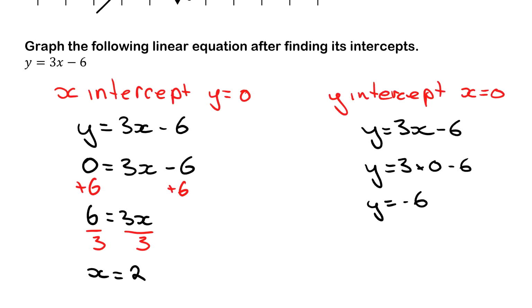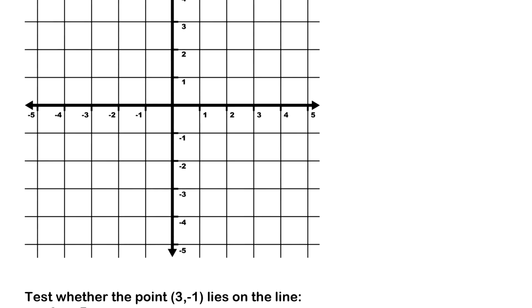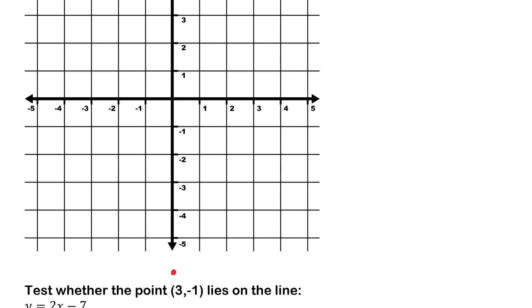Notice with linear equations, our y-intercept is always our constant, or the number by itself in the equation. So we have an x-intercept at 2 and a y-intercept at -6. I can now plot these. Unfortunately, our graph doesn't go to -6, so it will be here, and we have an x-intercept of 2. To finish the line, we draw a line connecting the two dots.